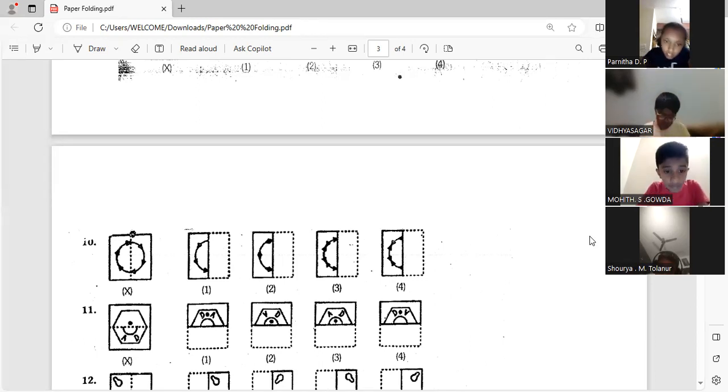Mohit, what should be the answer for the 10th one? Ma'am, fourth one. Okay, but how? In the fourth one, there is no arrow. How is it possible? How many arrows are there? First we'll count. 1, 2, 3, 4, 5, 6.